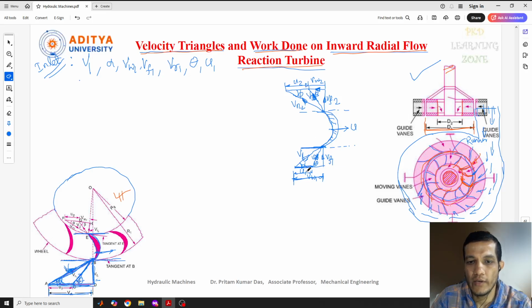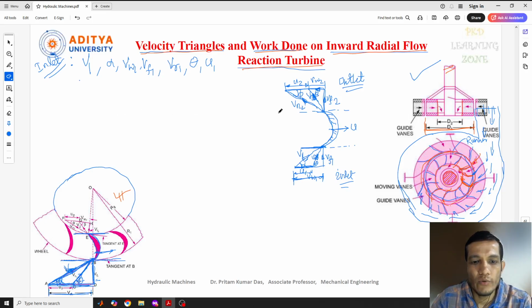Here you can see U1 is given after a distance, and here it will be U2. So this is the velocity triangle at the inlet condition, and this is at the outlet condition. If you want more details about this, you can refer to our previous lecture where we discussed these things.